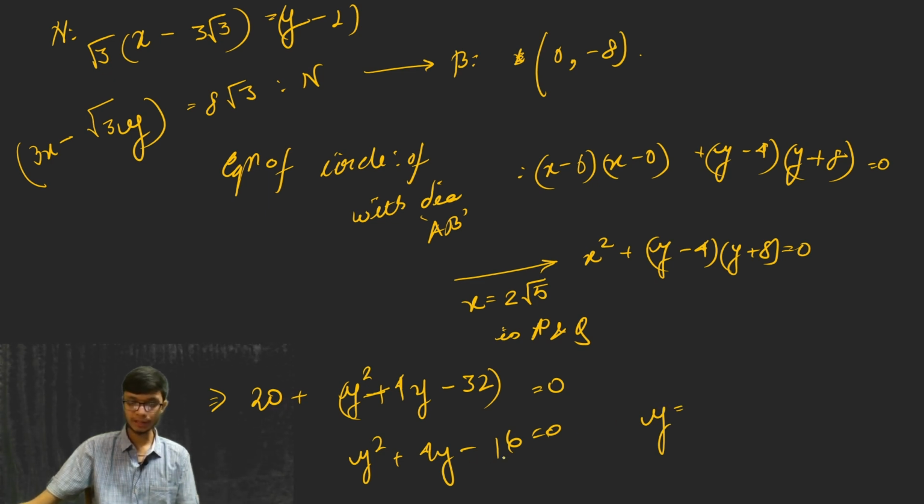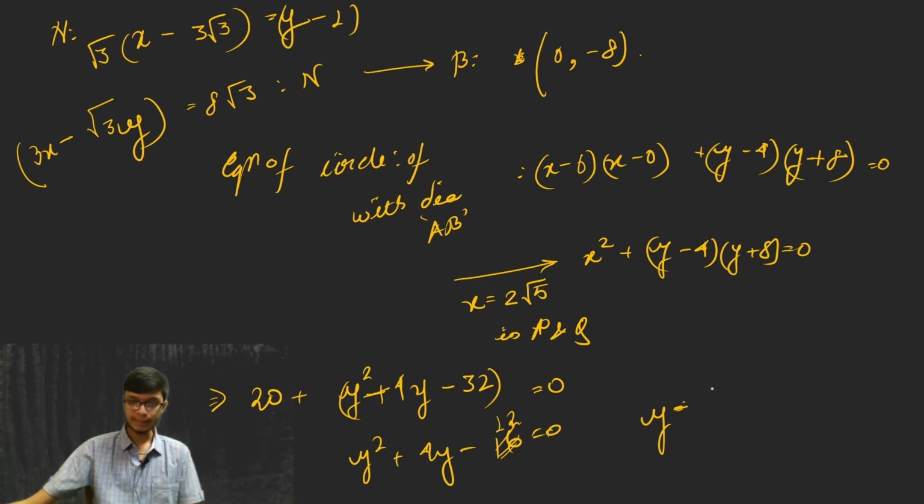You can also factorize this, 16 as 8 into 2, or 4 into 4. So I guess this is not 16, this is 12. That's a mistake from my side. That's what I was wondering, what the error was.